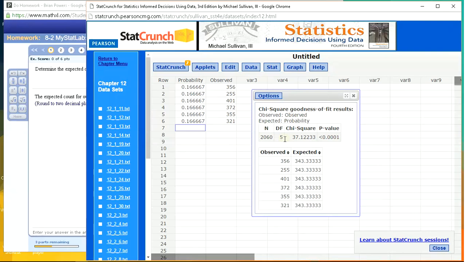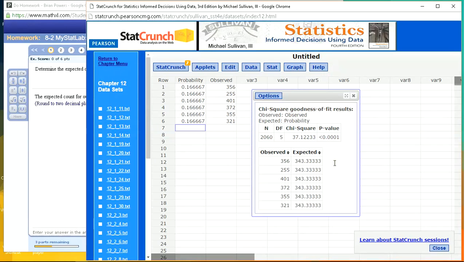The degrees of freedom is calculated for me. Essentially it's the number of possibilities in this column minus 1. So there were 6, subtract 1, you get 5. And it calculates a chi-square test statistic.